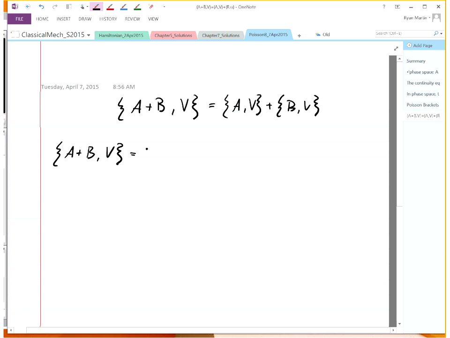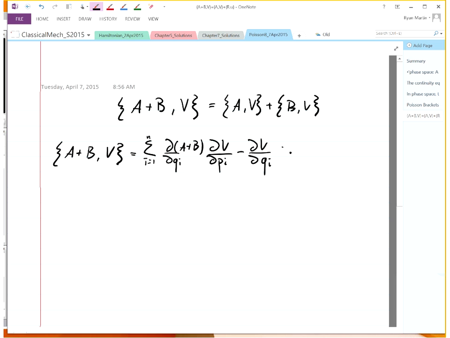So the Poisson bracket of A plus B with V is defined to be the sum, i equals 1 to n, of ∂/∂q_i of the first term, so that's A plus B, times ∂V/∂p_i, minus ∂V/∂q_i times ∂/∂p_i of A plus B. So that's the same as the sum from i equals 1 to n.